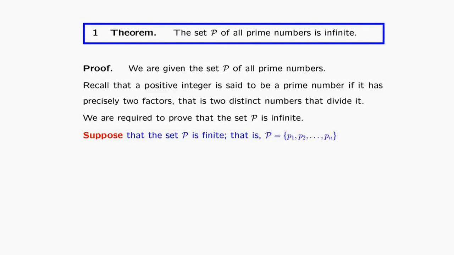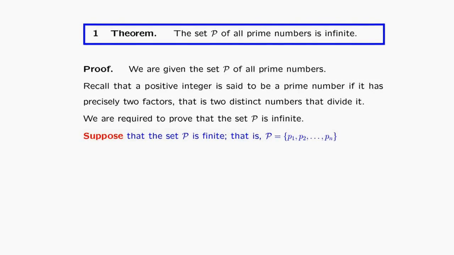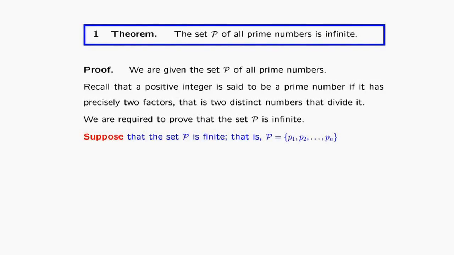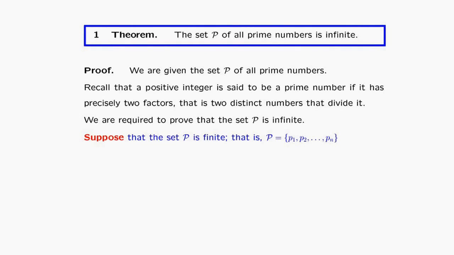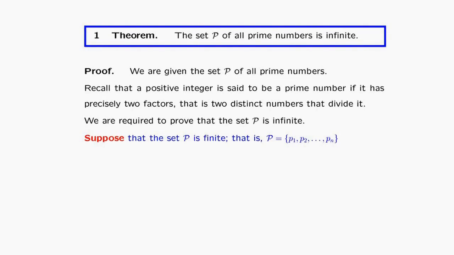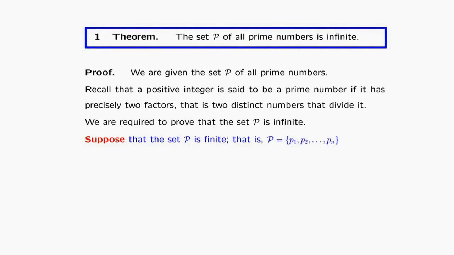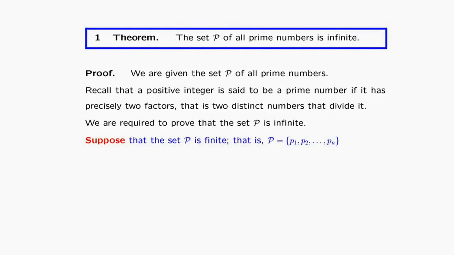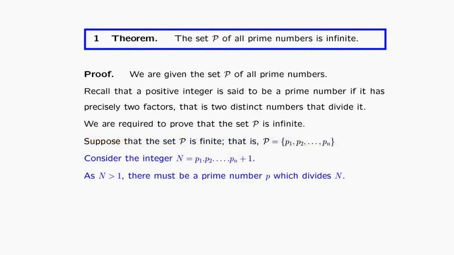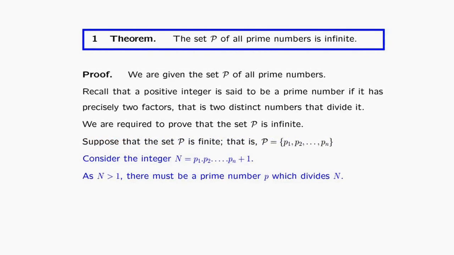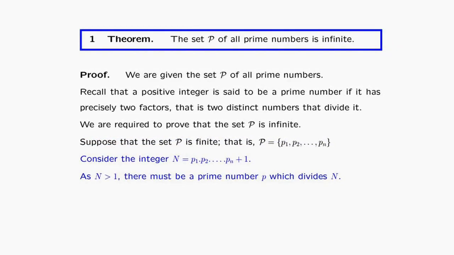Now we supposed that the set P is finite, that is, P equals P1 up to Pn. We now consider the positive integer n, which is P1 times P2 times P3 up to Pn plus 1.